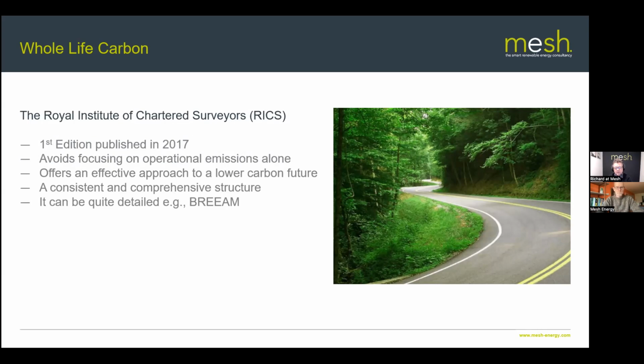So whole life carbon calculations are based on the RICS guidance, first published in 2017. What it seeks to do is this: we're concerned with more than just the regulated energy that we see in the back end of a SAP or an SBEM calculation.